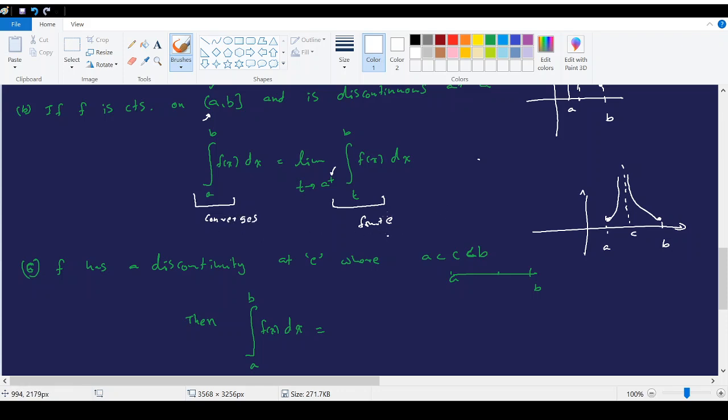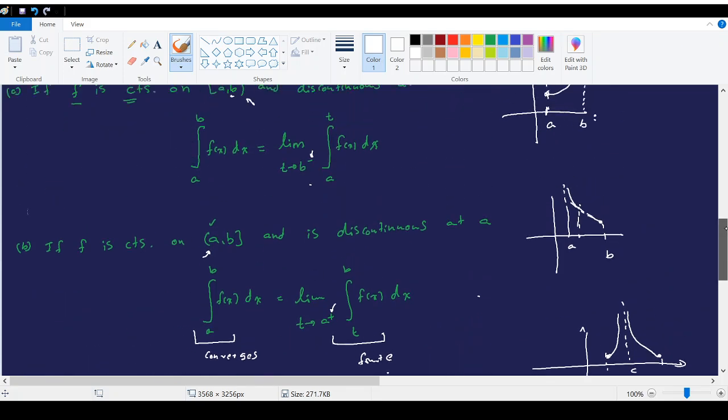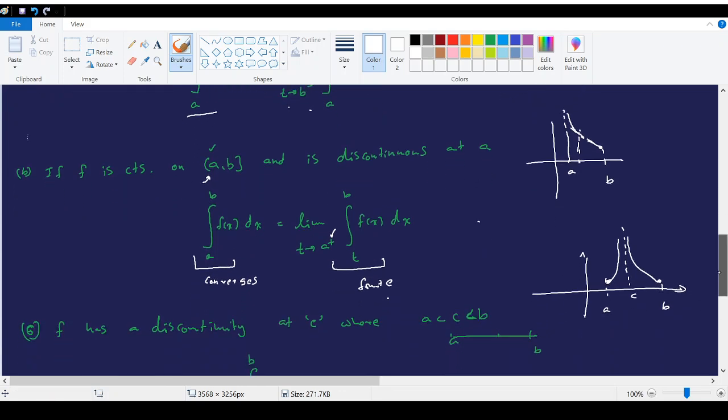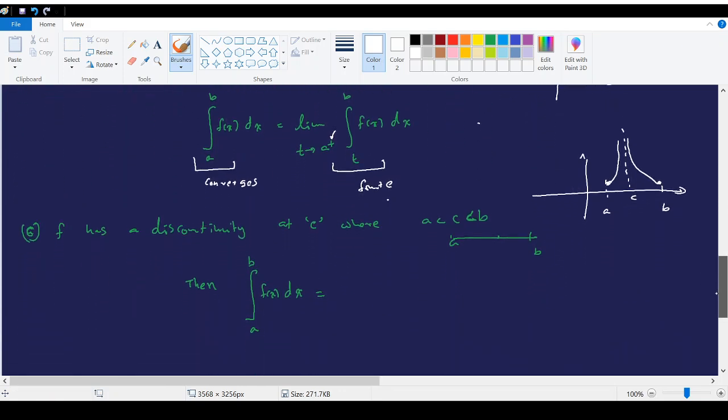So if this is finite, we call it a convergent integral, and if it is not finite, we call it a divergent integral. No matter whether we reach from the left hand side or the right hand side, if it has a finite value, we call it a convergent integral, and otherwise we say divergent integral.